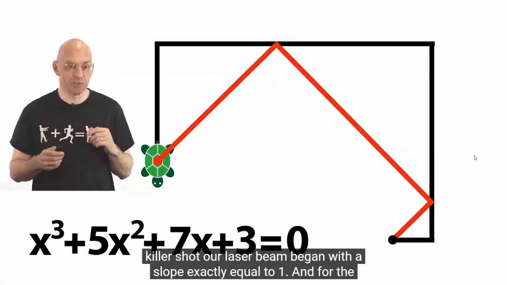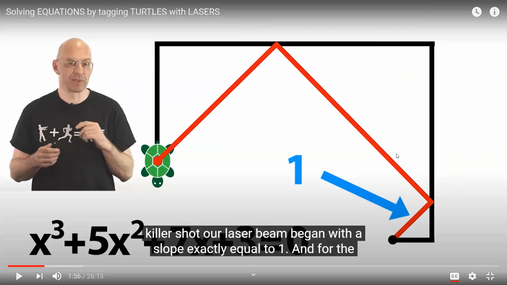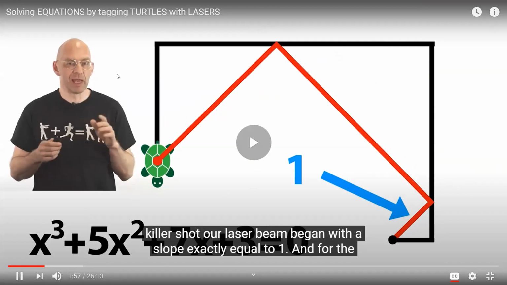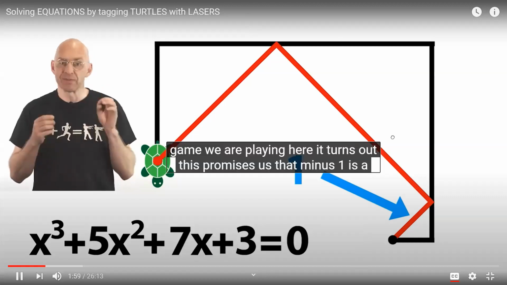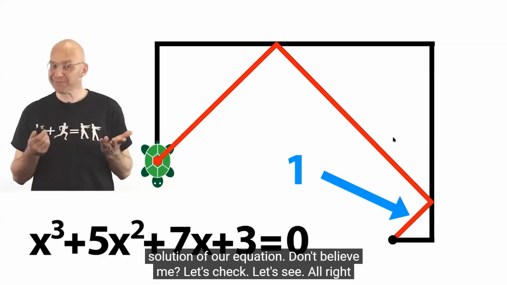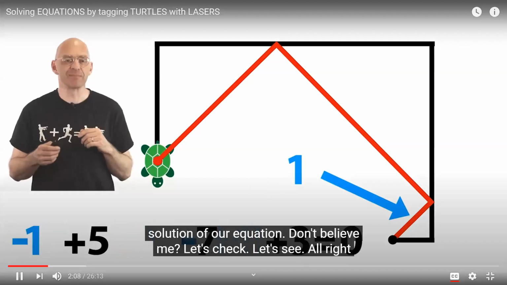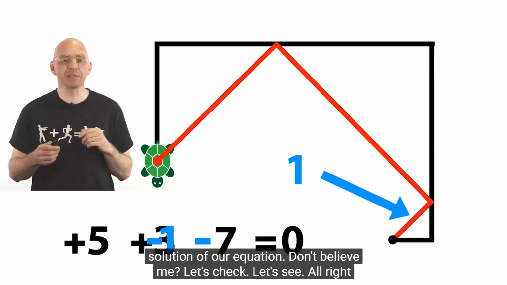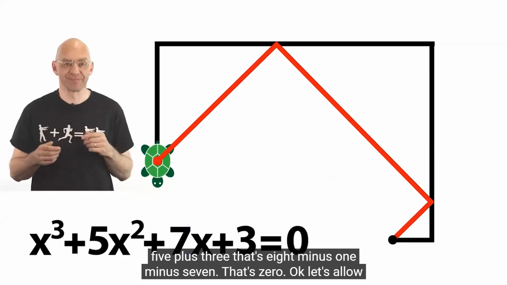For the game we are playing here, it turns out this promises us that -1 is a solution for our equation. Don't believe me? Let's check. 5 plus 3, that's 8, -1, -7, that's 0.